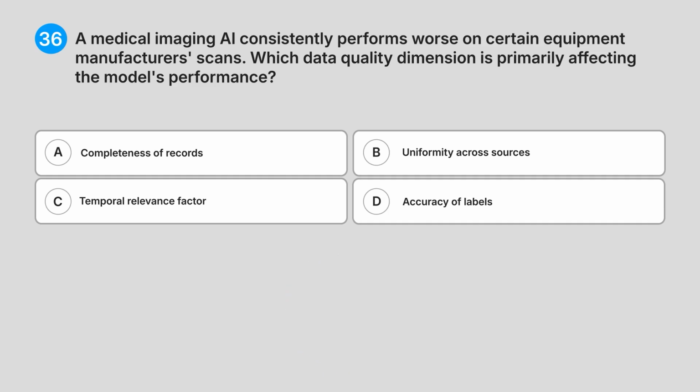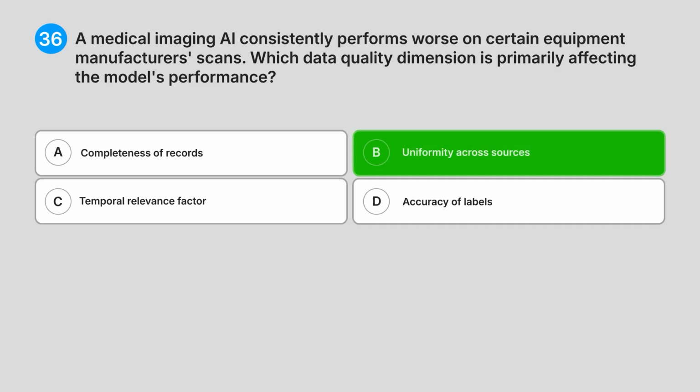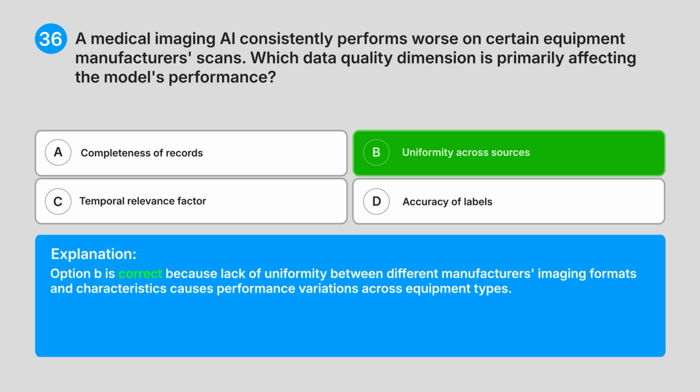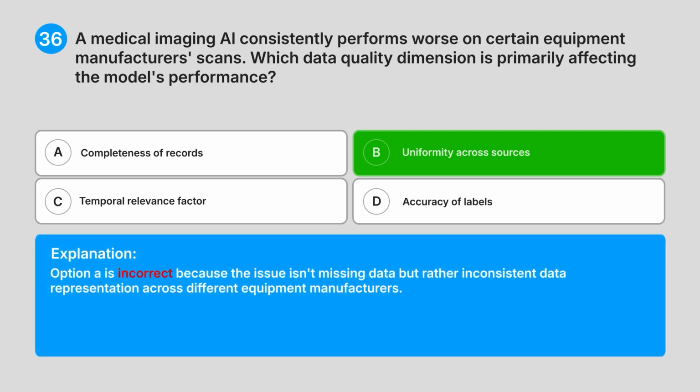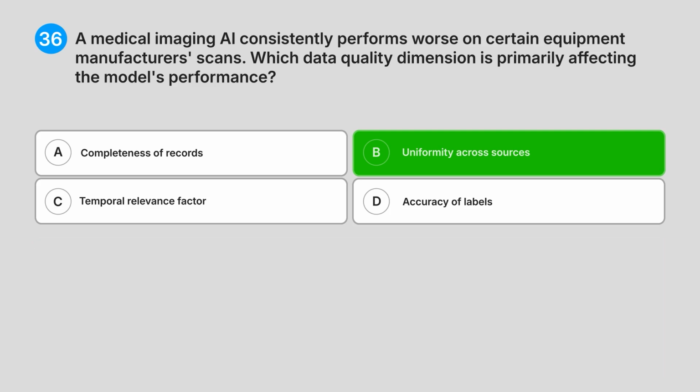Correct answer: B. Uniformity across sources. Explanation: Option B is correct because lack of uniformity between different manufacturers' imaging formats and characteristics causes performance variations across equipment types. Option A is incorrect because the issue isn't missing data, but rather inconsistent data representation across different equipment manufacturers.